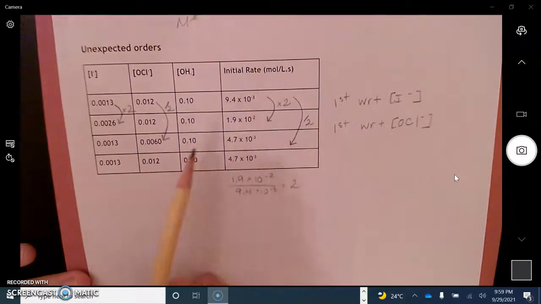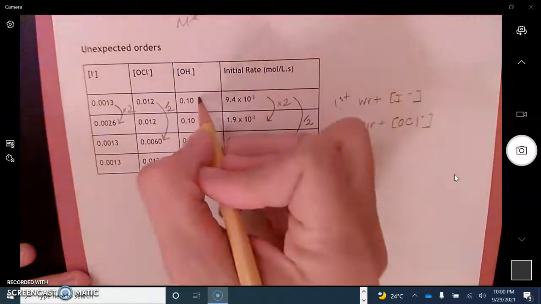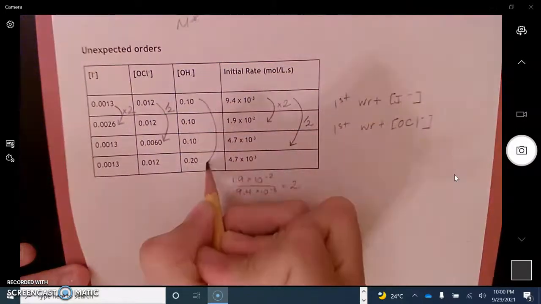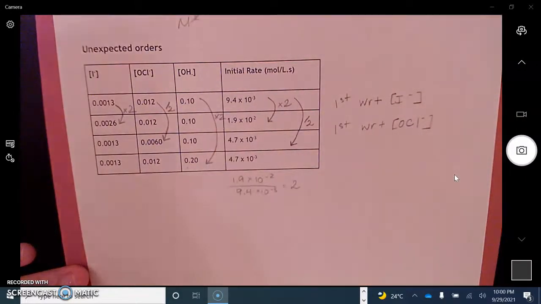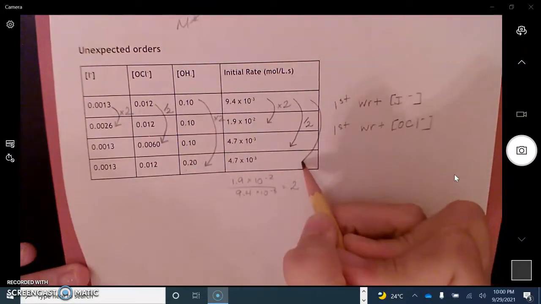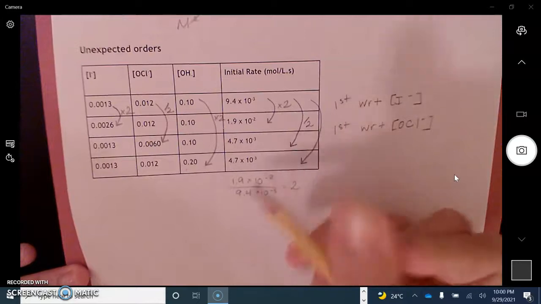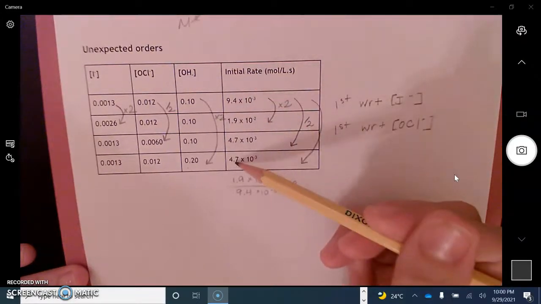Hydroxide. It doubles in the fourth trial. So which trial had these constant? The first one. Okay, so it doubled when these two were constant. And what happened to the rate? Oh dear. 9.4 down to 4.7.